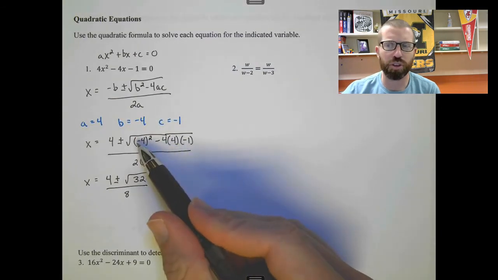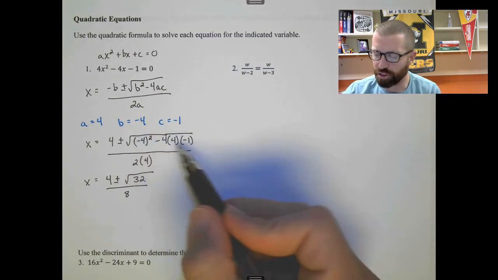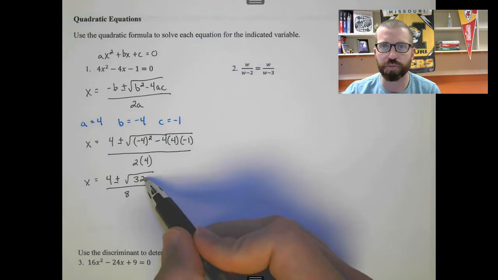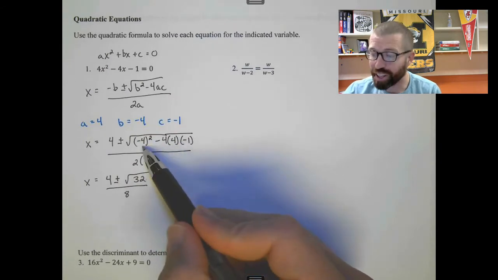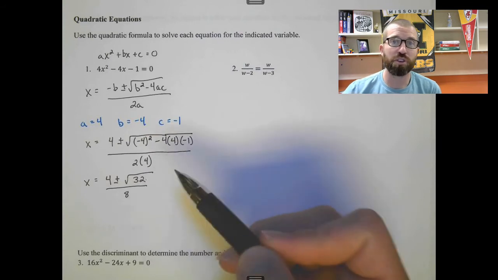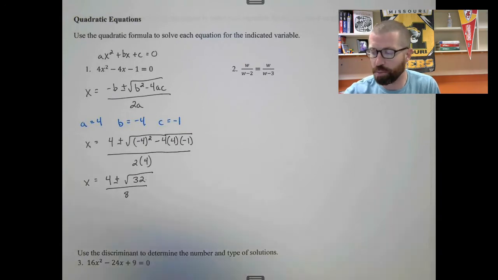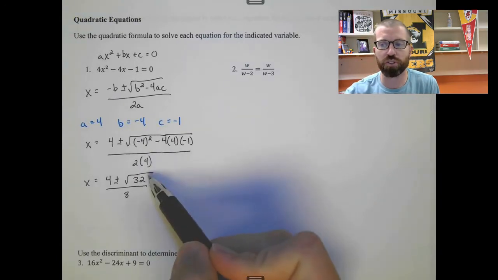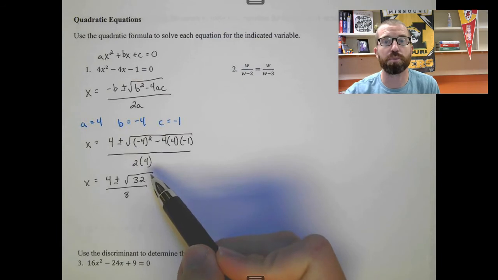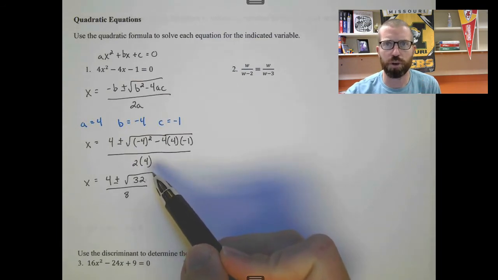Occasionally this one does, although you're pretty good at that, but it's these signs that mess you up, and this number is wrong. But if you type it all in at once, then you'll avoid that mistake because your calculator will handle those sign errors for you, and you won't make them. So do not show a middle step. If you show more work than this, I would say you are setting yourself up to make a mistake somewhere. So it's weird to say as a math teacher, but show less work.